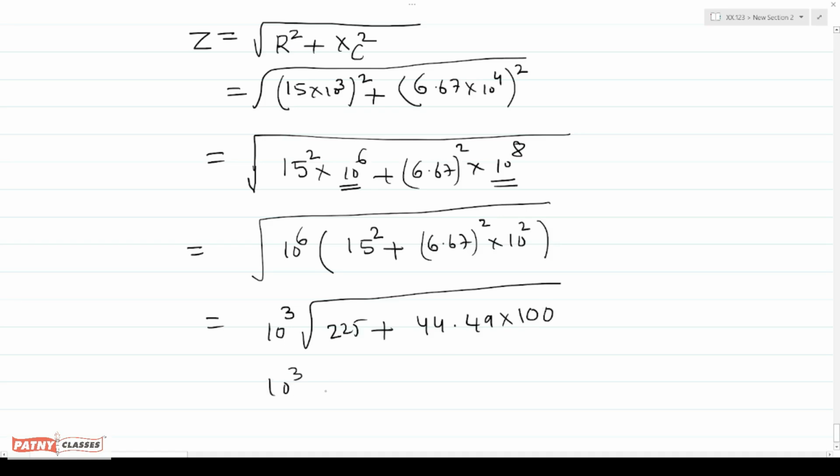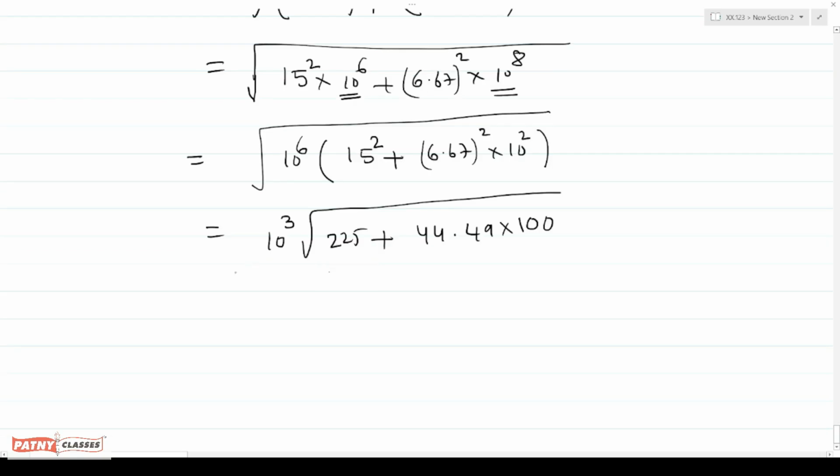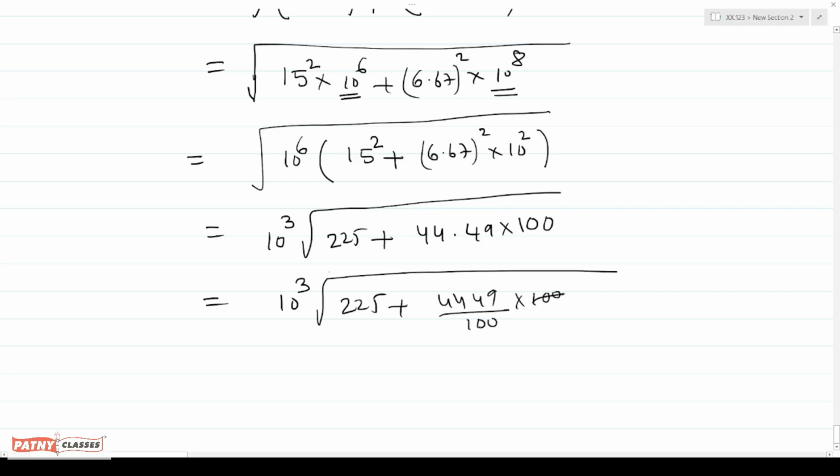So this is equals to 10 raised to 3 under root of 225 plus 4449 upon 100 into 100, they get cancelled.